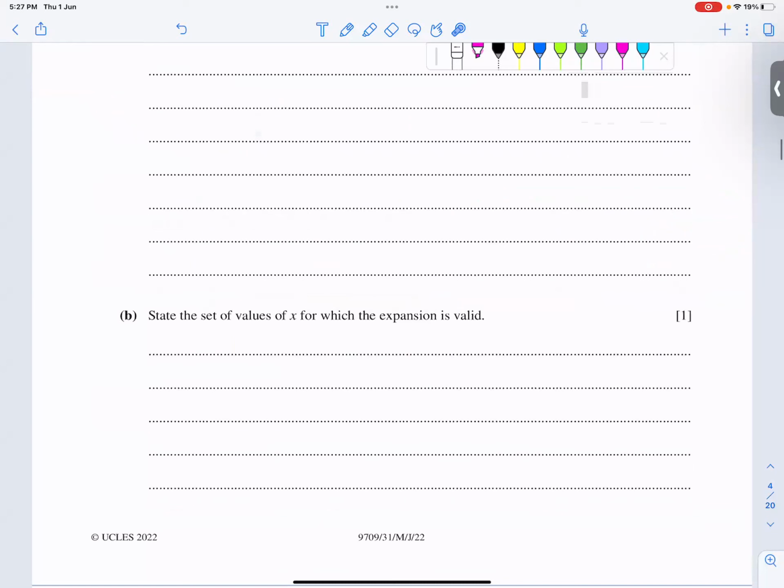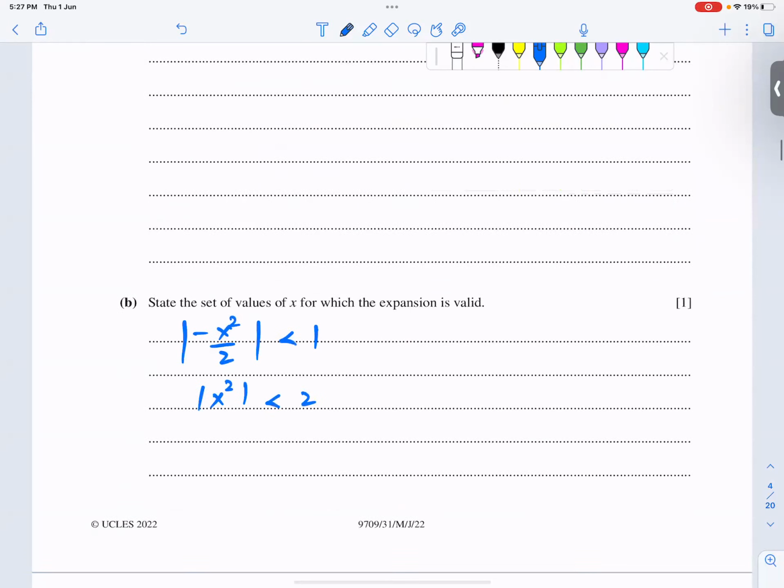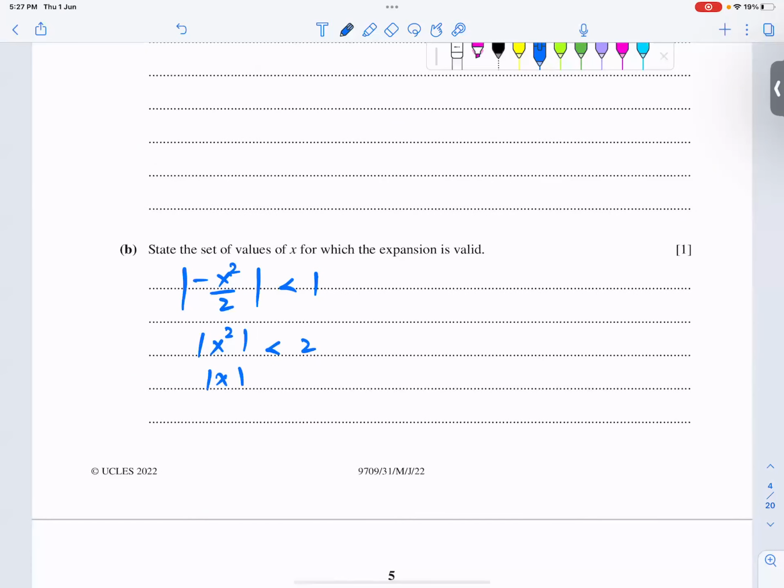So this will be mod of minus x square over 2 less than 1. We can write mod of x square less than 2, and then you can interchange mod with even powers like 2, 4, 6.